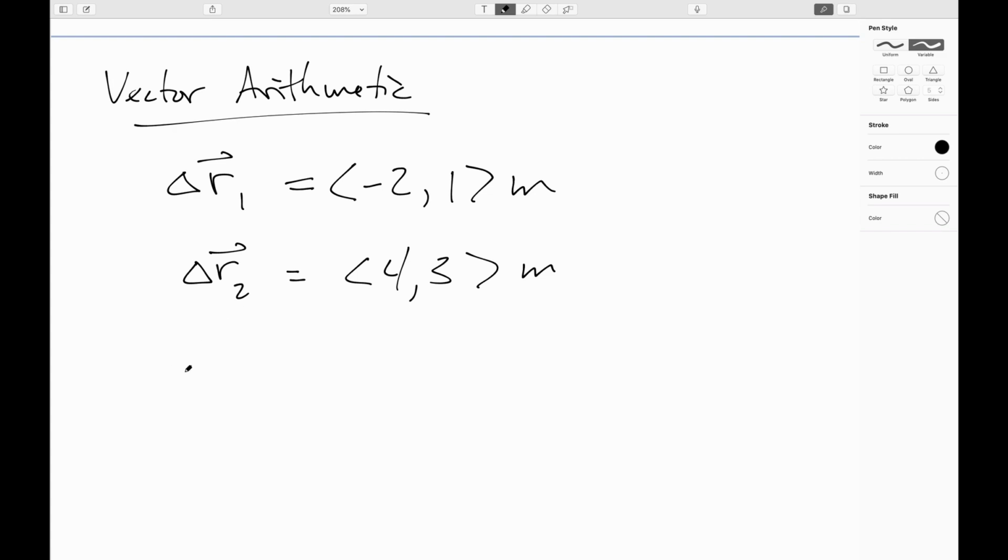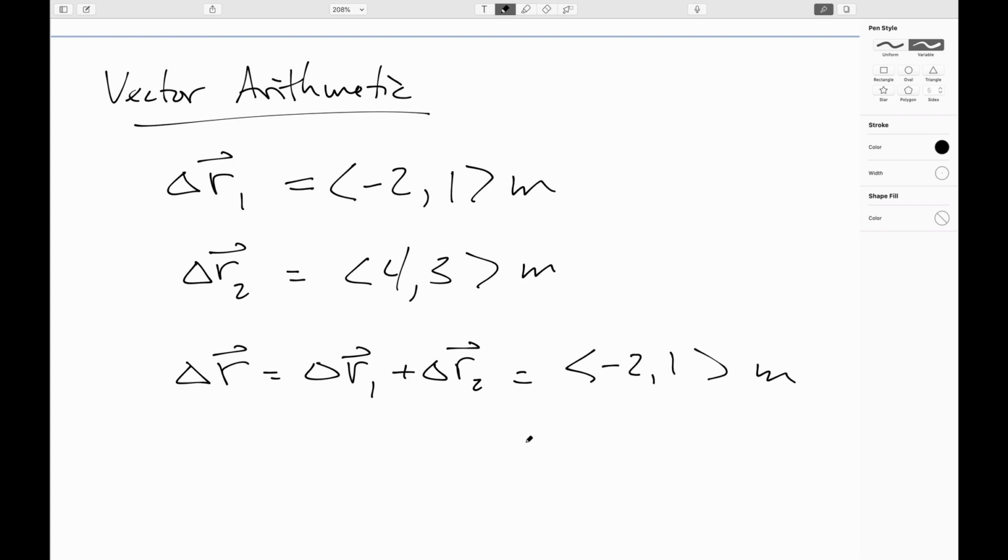Now, if I want to know the net displacement, that's just going to be the sum of the two to get the final displacement. So that'll be the sum of delta R1 plus delta R2. When you do this, we can just add things up slot-wise, it turns out. So we can say -2, 1 meters plus 3, 4 meters.